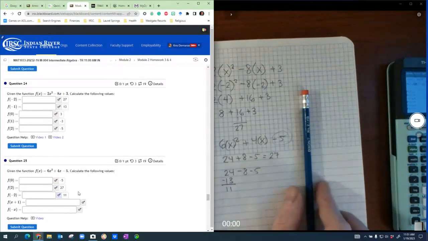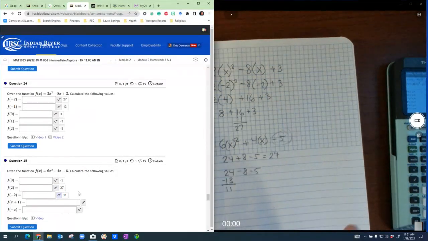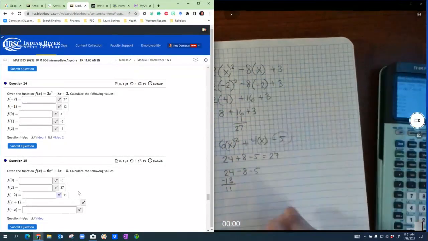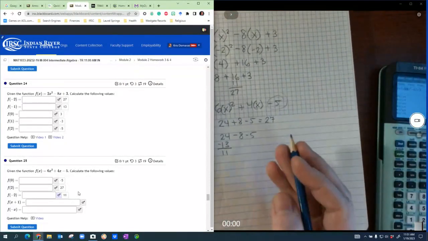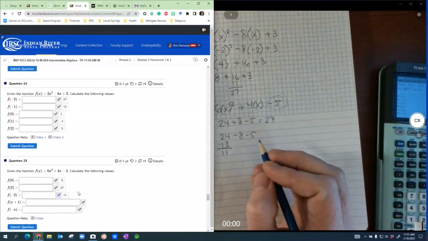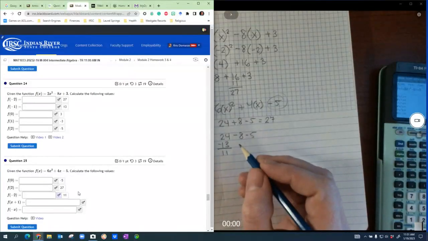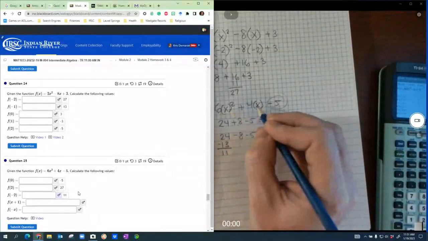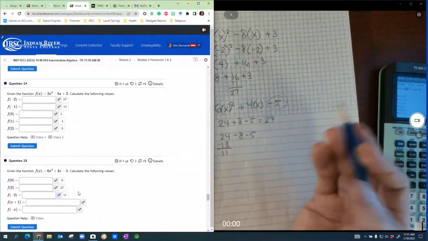Now the thing about this kind of question, and they did this on purpose to avoid you using the graphing calculator to do this, is that they gave you an equation that involved this x plus 1. What the heck does that mean? In respect to this. So this is why, again, I ask you to use these x's as replacement values.